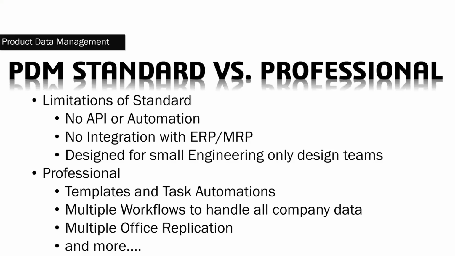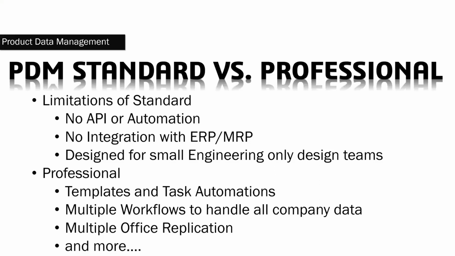It doesn't have any of the automation pieces, so anything that you see that's kind of automatic as we go through the demonstration, that's all PDM Professional, and I'll do my best to point that out as we go through. But any integrations with other software, any API hooks or automation like I talked about, those are not available in PDM Standard. That's available only in Professional.